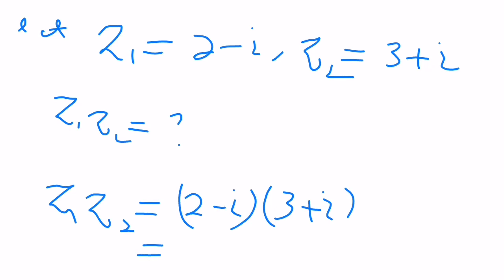Now this is equal to 2 3s are 6 plus 2 iota minus 3 iota minus iota square.